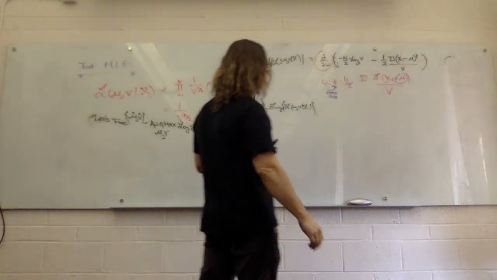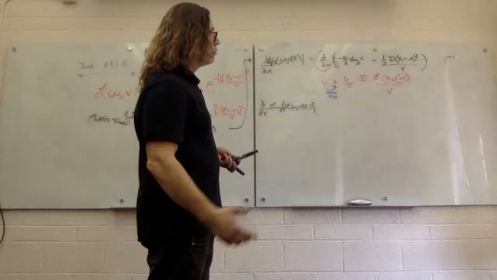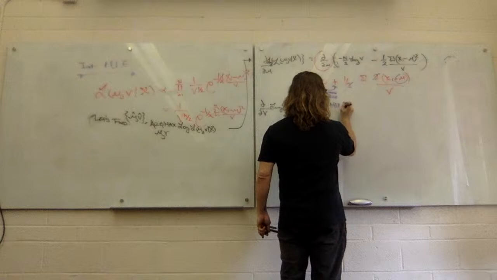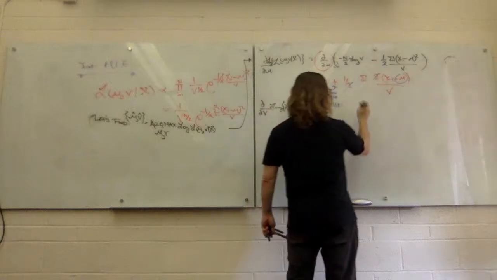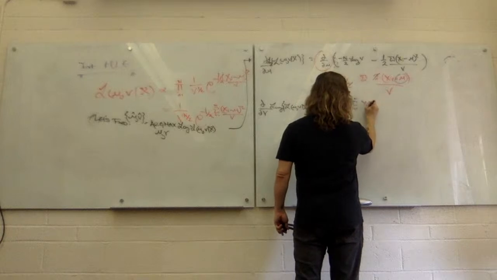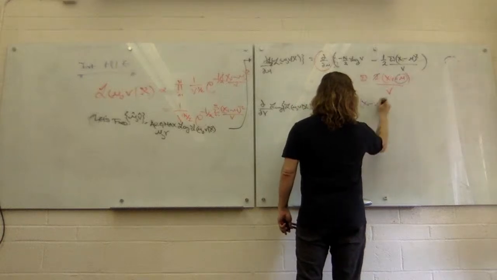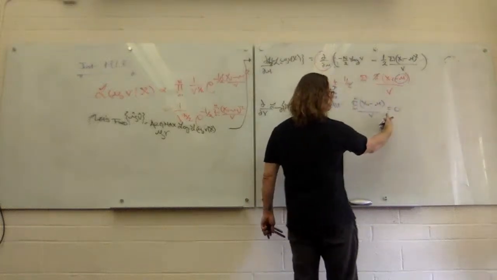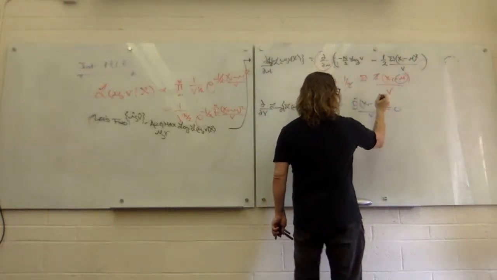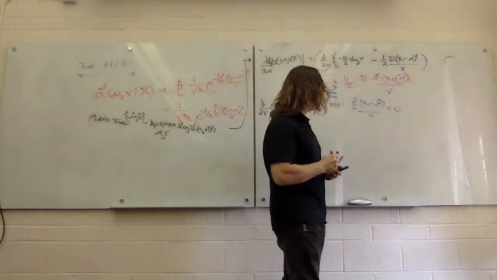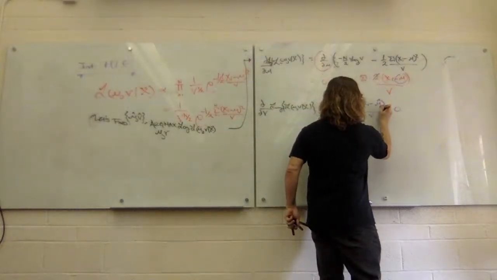But now I can ask the question of how do I want to infer mu? So this is the MLE technique. The MLE happens when I take this equation and I set it equal to 0. As soon as I do that, I need to throw a hat on top of that. So this is mu hat MLE.